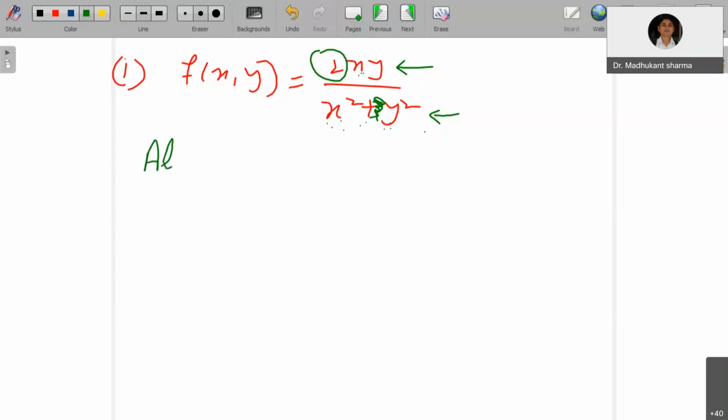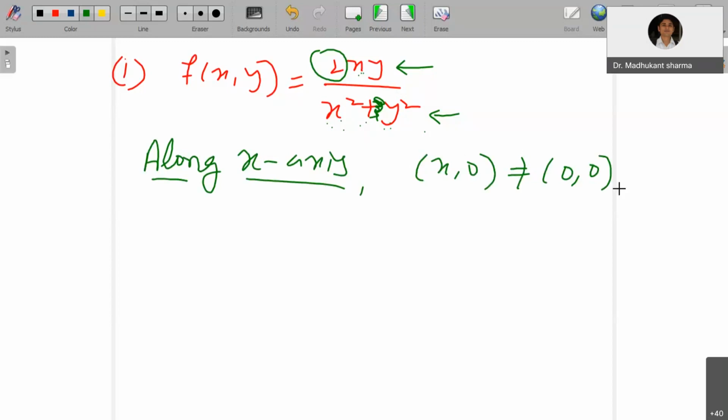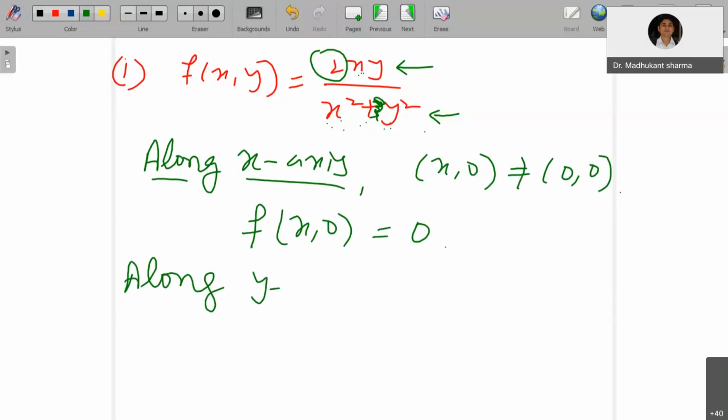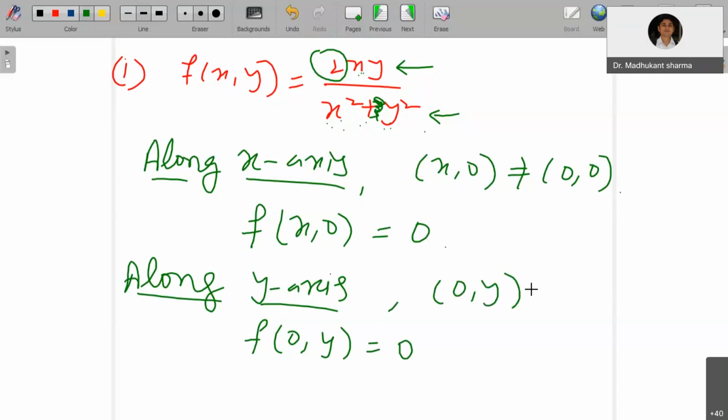Now, along the x-axis, when you have (x, 0) not equal to (0, 0), I am mentioning here that f(x, 0) is 0. Along the y-axis, if I look at the behavior of this function, f(0, y) is again 0. Again, here (0, y) I am identifying as non-zero.